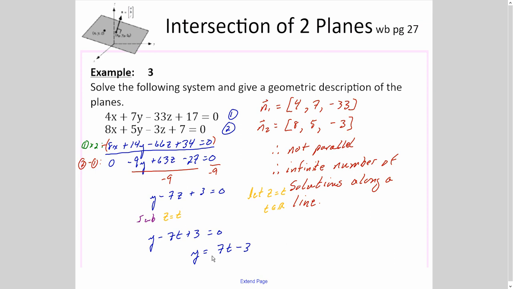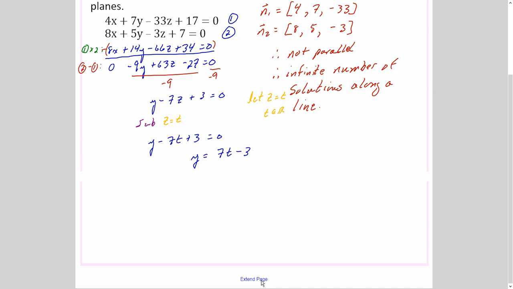So this now allows me to sub my z and my y back into an equation, and I'm going to sub it into equation number 1. So I'm now going to sub z and y into 1. So 4x plus 7, and I sub in what y is equal to.